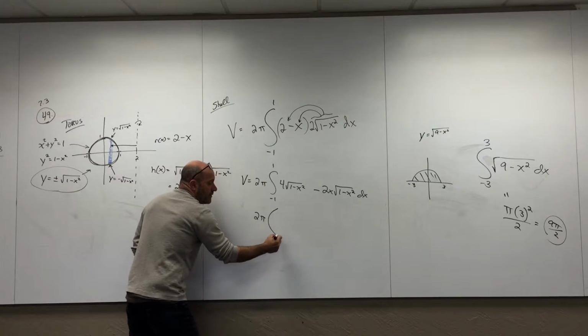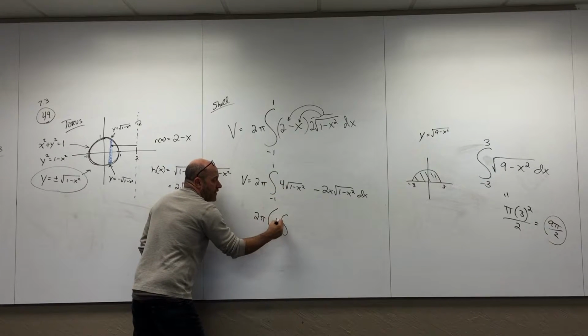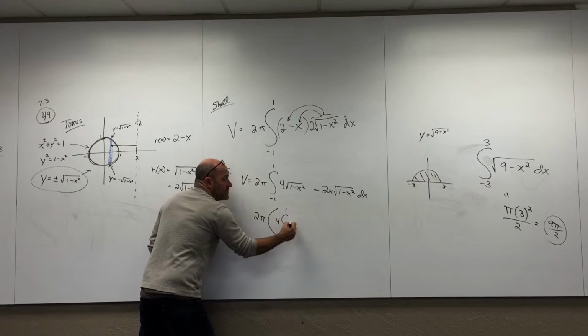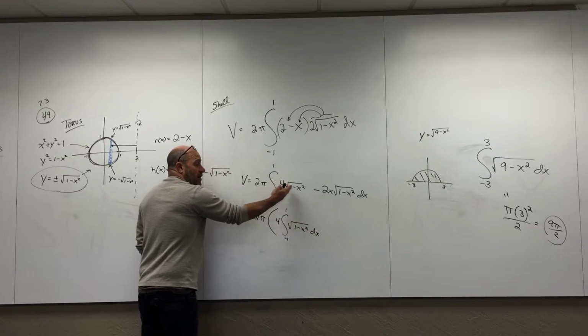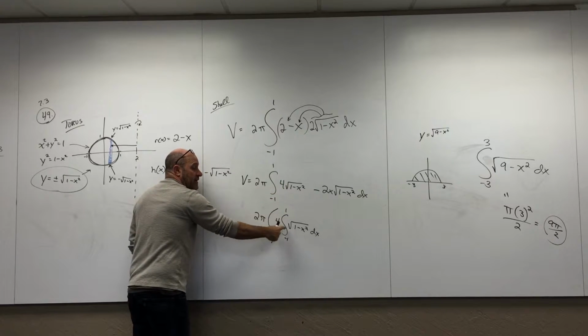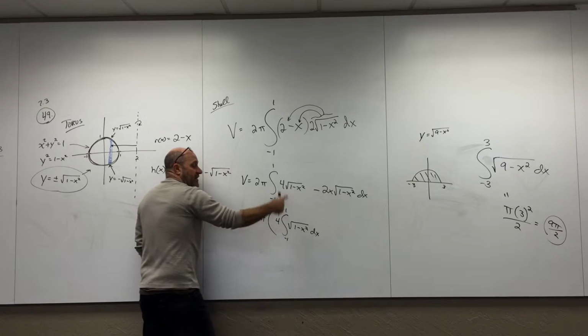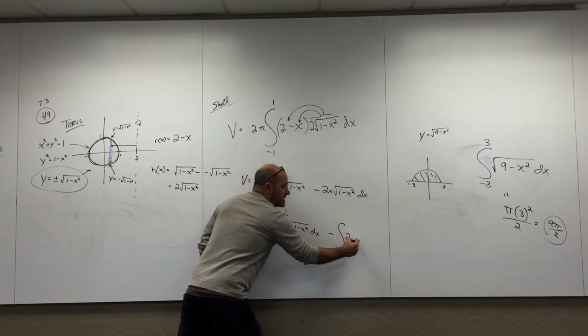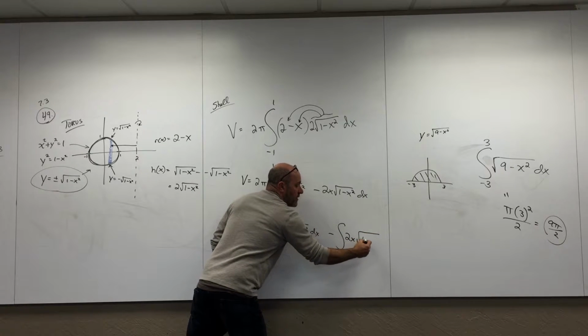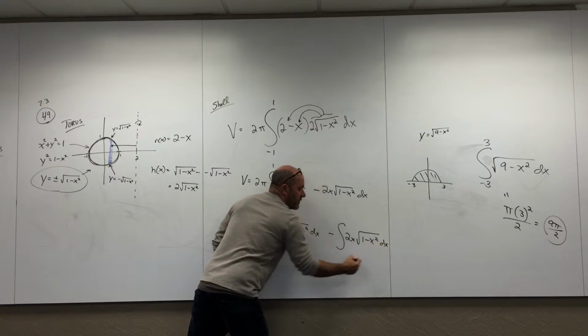I have this integral. I'm going to pull the 4 out in front of this integral, -1 to 1, the square root of 1 minus x squared dx. That's one integral, with the 4 out front. How you doing? Y'all okay? Yeah. And then over here, I got a different integral. This is 2x in front of the square root of 1 minus x squared dx from -1 to 1.